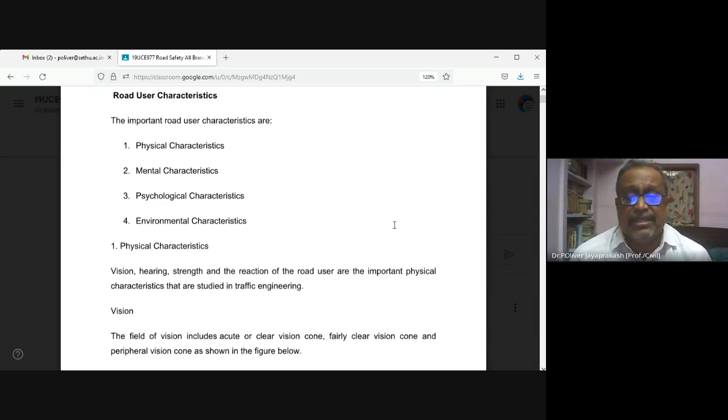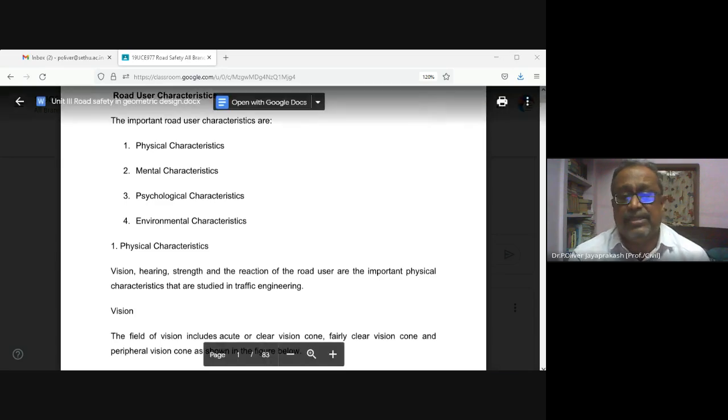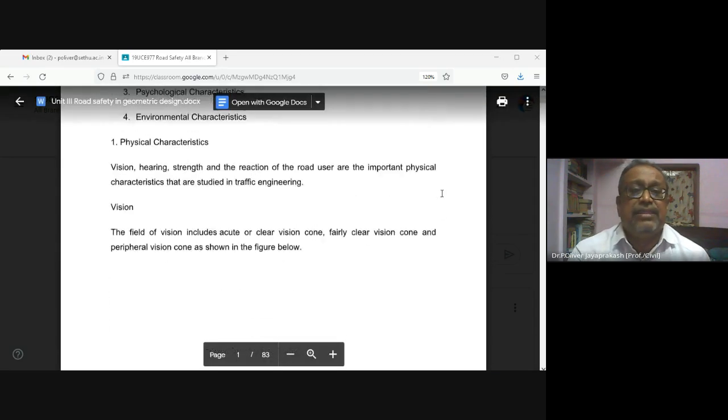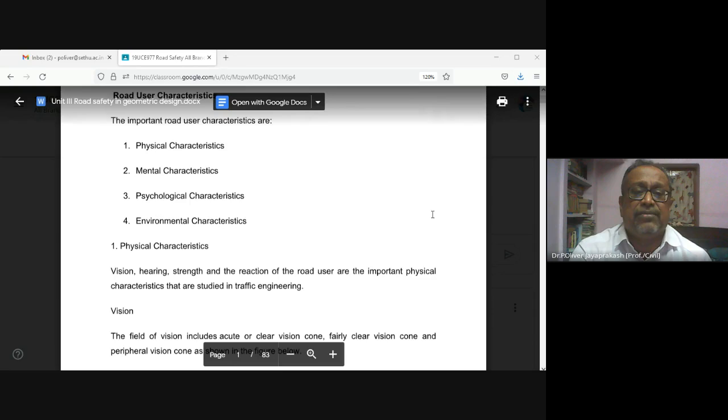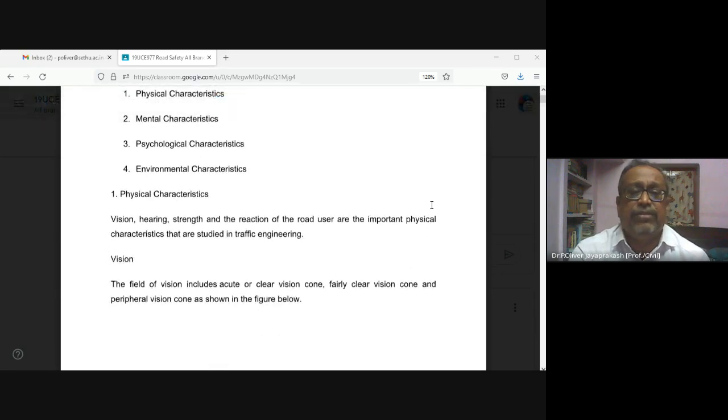Okay. So the first and foremost road user characteristic is the physical characteristics. Second one is mental characteristics, psychological characteristics, how they behave, and what are the environmental characteristics which make things best or worst.